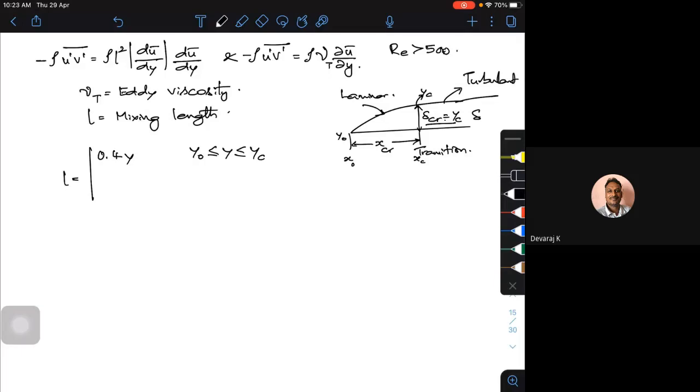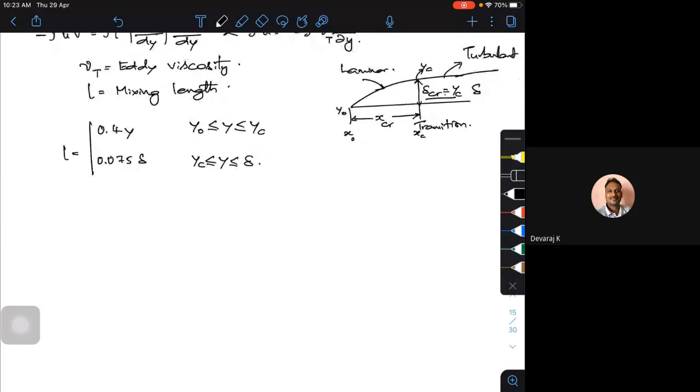Then it gets reduced to a particular value, 0.075 of your delta. This is between y critical and the boundary layer delta. This is the value of L, so L will be taken based on this.